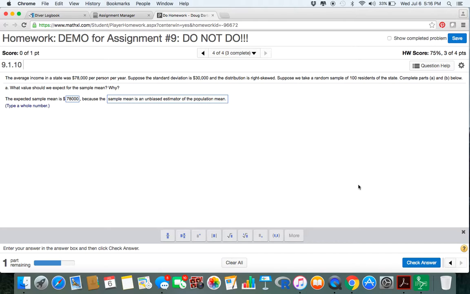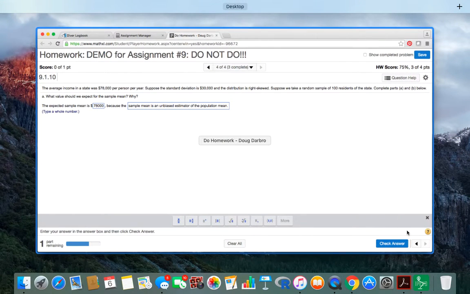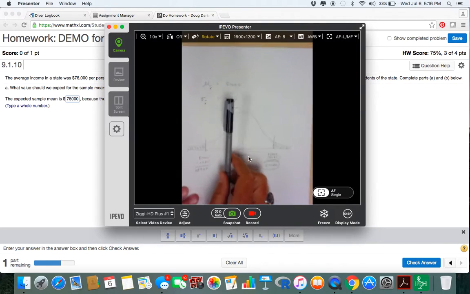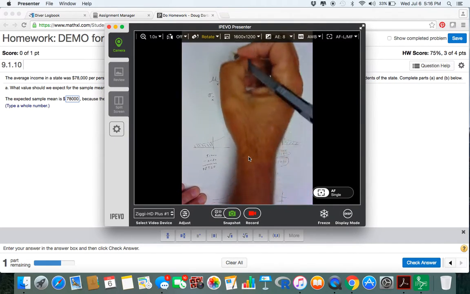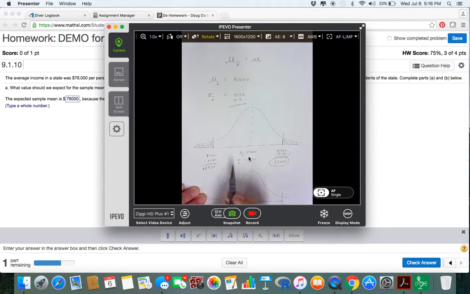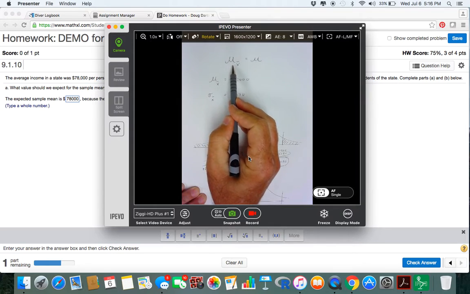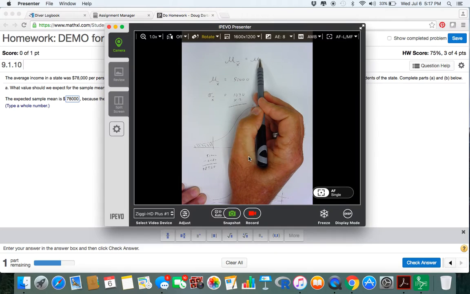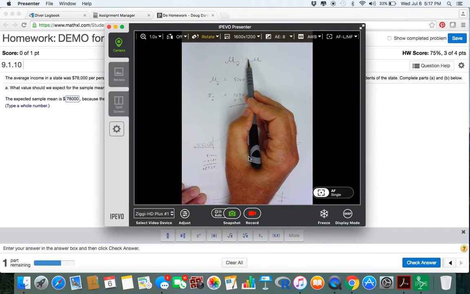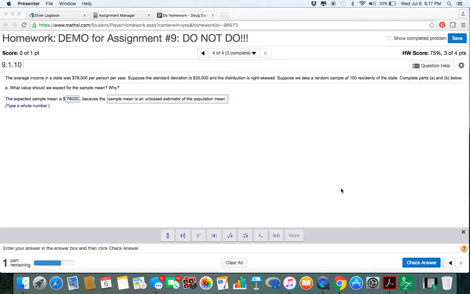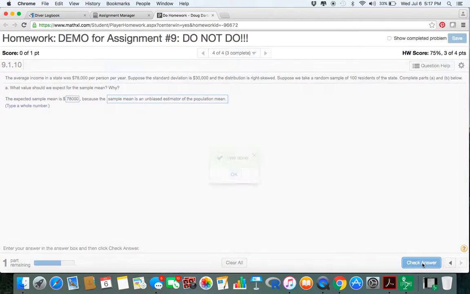Well, we know that from something I taught you earlier that says the mean of the distribution of sample means is the population mean. Unbiased because it's equal to. Okay? And unbiased because I told you it's unbiased. So we're going to check that. It's going to be right.